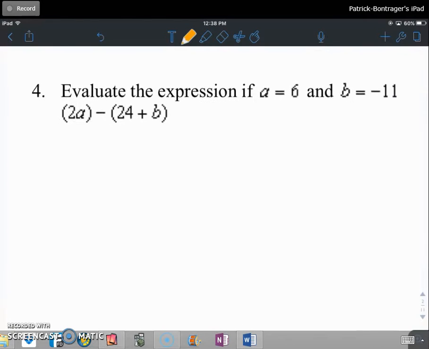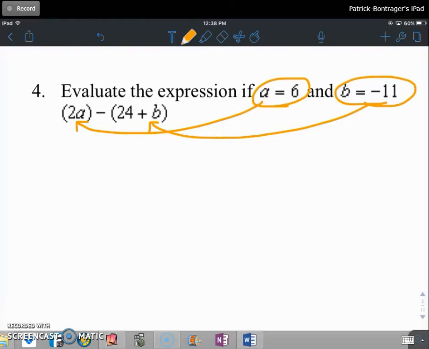So again, we're going to plug in our values. So it's going to be parentheses 2 times 6 parentheses minus parentheses 24 plus a negative 11 parentheses. Okay, so we're going to start in order of operations with parentheses. Now, we have two sets of parentheses, so we like to go left to right first.